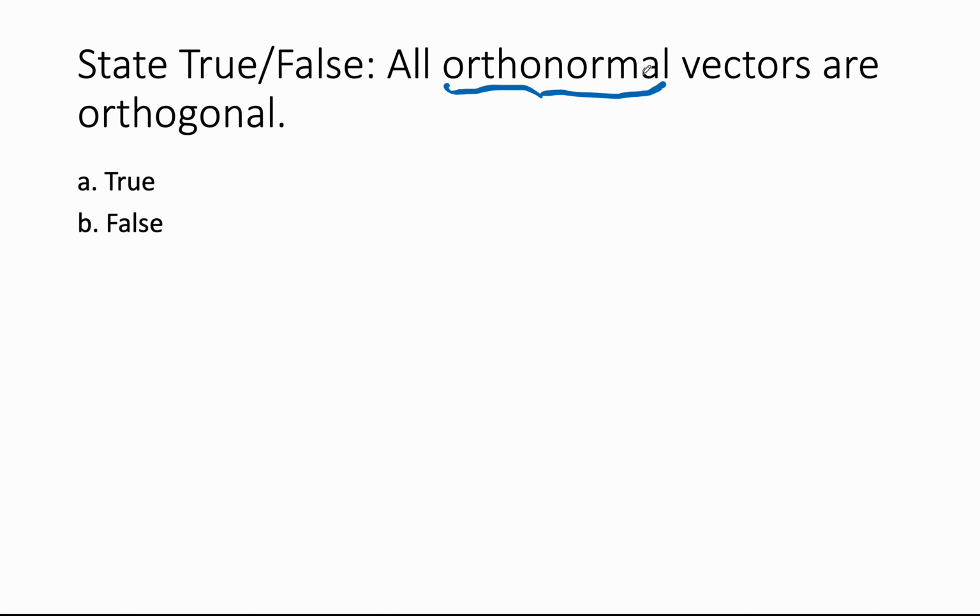So first we'll see what is orthonormal, and then we'll see what is orthogonal, and then we can answer it clearly. So let's say there are two vectors a bar and b bar.